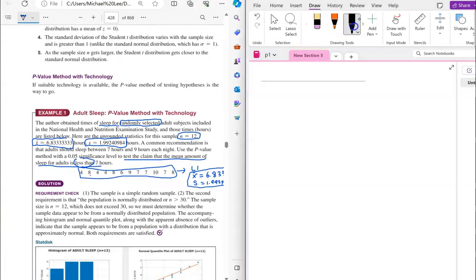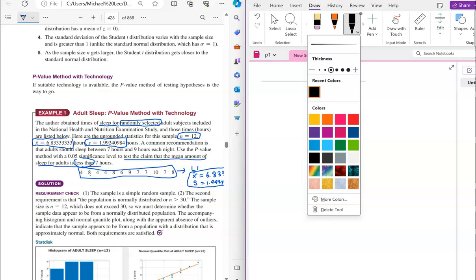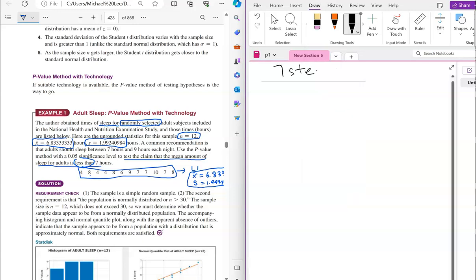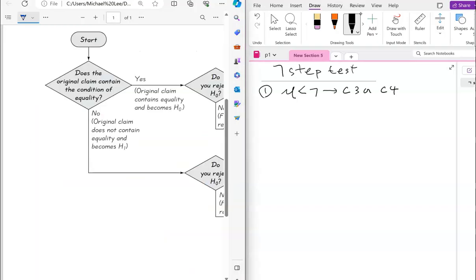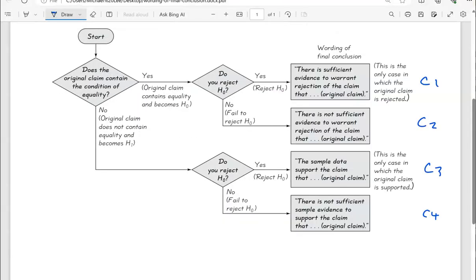Okay, so the 7-step test. Number 1, the claim: mu is less than 7 hours. Because there's no equal sign, this is case 3 or case 4. What do I mean by that? In the wording of conclusion, we're going to go to either case 3 or case 4.